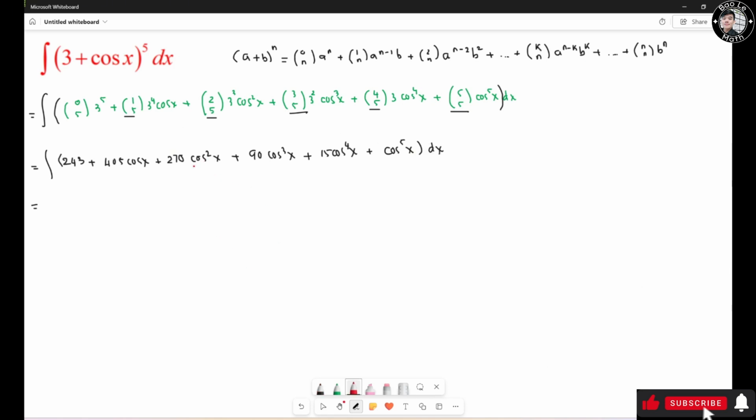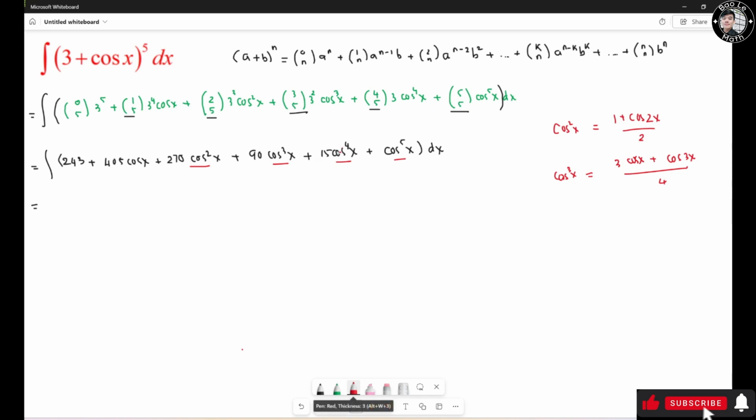Now we look at these terms. We see that the power is greater than 1, so we need to bring the power down by using the formula cosine squared of x equals (1 plus cosine 2x) over 2, and cosine cubed of x is (3 cosine x plus cosine 3x) over 4.